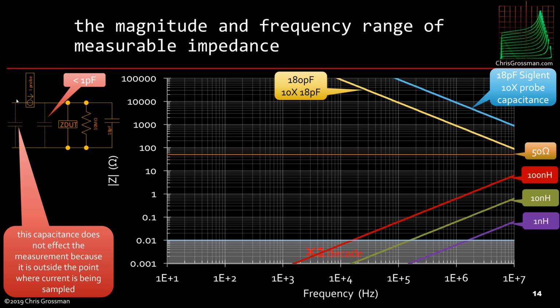The stray capacitance on the outside of the probe does not matter, because it's not being sampled when we measure the device. And the other thing that means is we really want to move this probe as close to the device as possible, and we want to keep this capacitance under about 1 picofarad, less than 1 picofarad, so it doesn't affect this much.